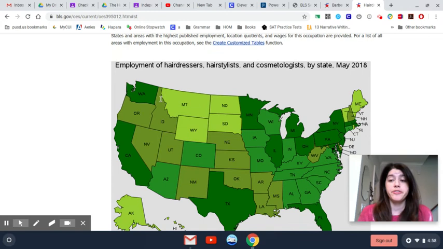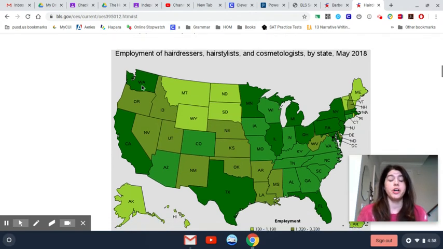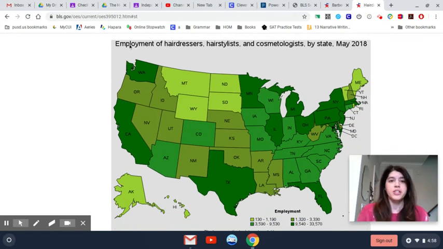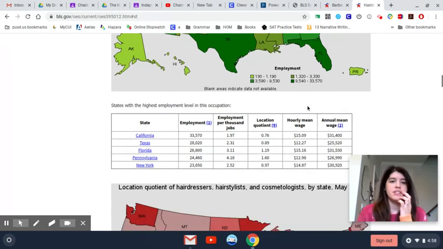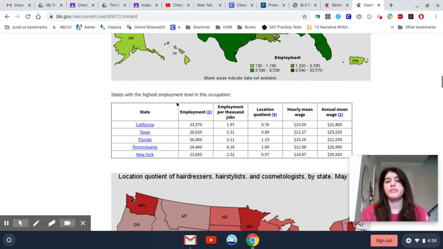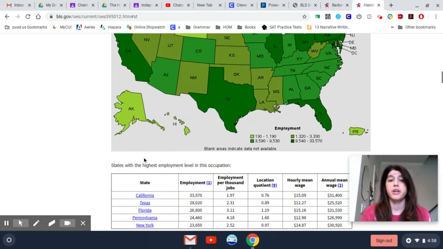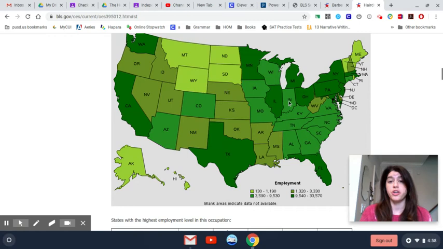So this is the information that I wanted to show you now. It's these big old maps. This one says employment of hairdressers by state. What it's telling me is the states with the highest employment level in this occupation. The states with the highest employment of hairstylists are California, Texas, Florida, Pennsylvania, and New York, shown here in this dark green.